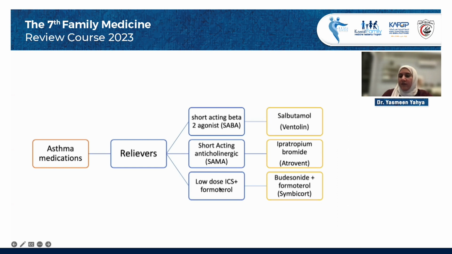I know that we have another inhaler, which is the Flutiform. It also has low-dose ICS and formoterol, but it has not gained the license to be used as a reliever.